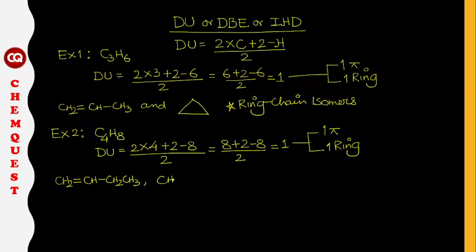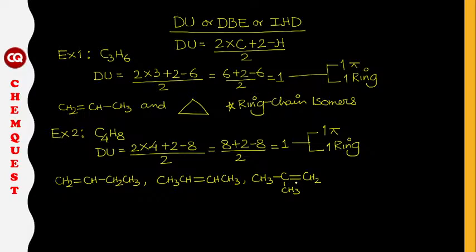Now CH3 CH double bond CH CH3, but-2-ene. Next one, chain isomer: C(CH3) with double bond CH2. These are the open chain isomers.